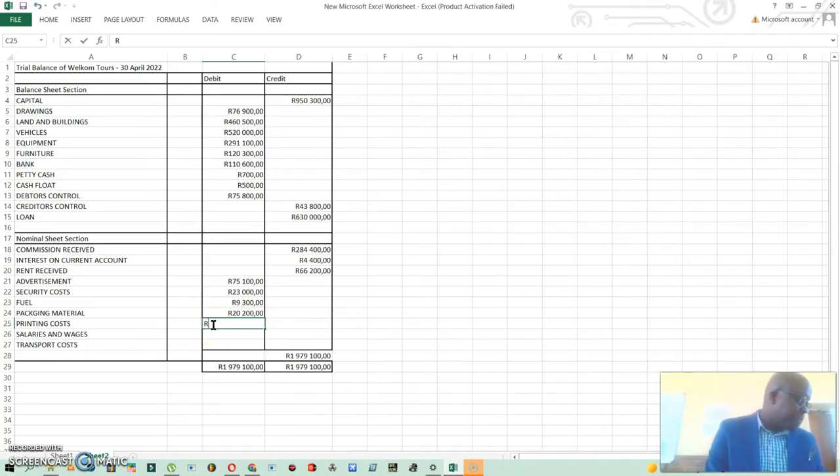Then printing costs, 130,000. Transport cost was 18,400.